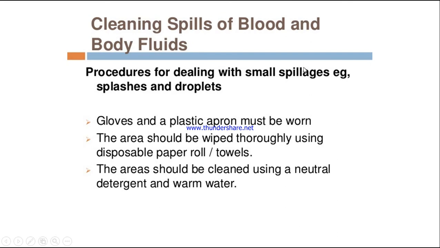If there's a small droplet of blood or sputum or any other body fluids, then gloves and plastic apron should be worn by the healthcare members. The area should be wiped thoroughly by using disposable paper roll or towel. The area should be cleaned using a neutral detergent and warm water. So you have to remember these are some of the protocols for small spillage.